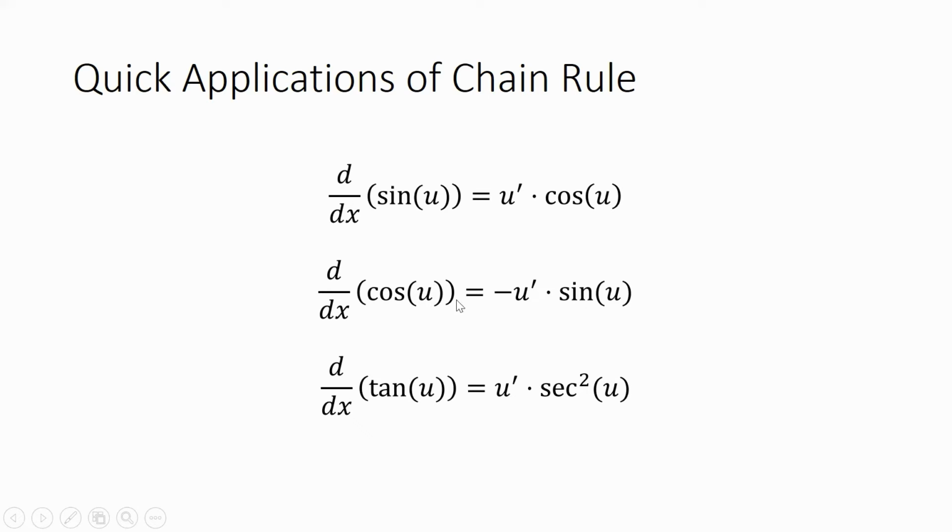So derivative of cosine of a function is negative sine of that function times the derivative of the inside function. We know that derivative of tangent is secant squared. So derivative of tangent of a function is secant squared of the function times derivative of the inside function. These quick applications of the chain rule can help us out a lot.